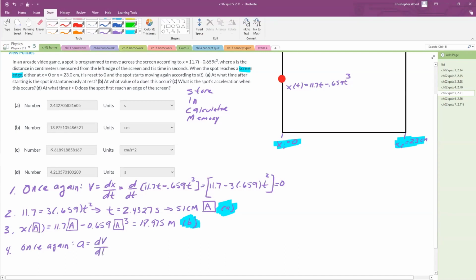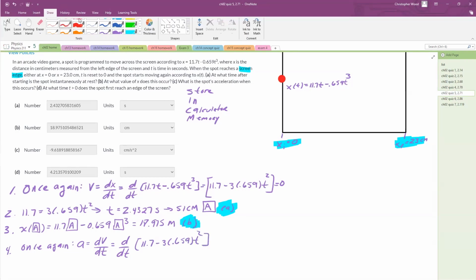So when I write dv/dt, what I'm really saying is I'm interested in finding the rate of change of velocity as a function of time. So let's take the first derivative of the velocity function, which is 11.7 minus 3 times 0.659 t squared.